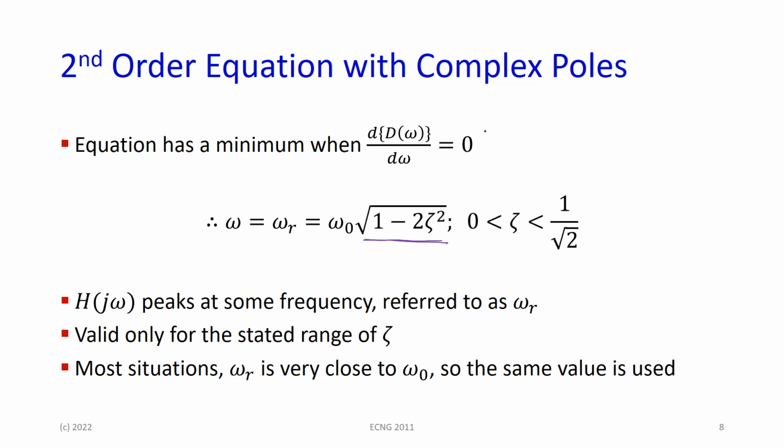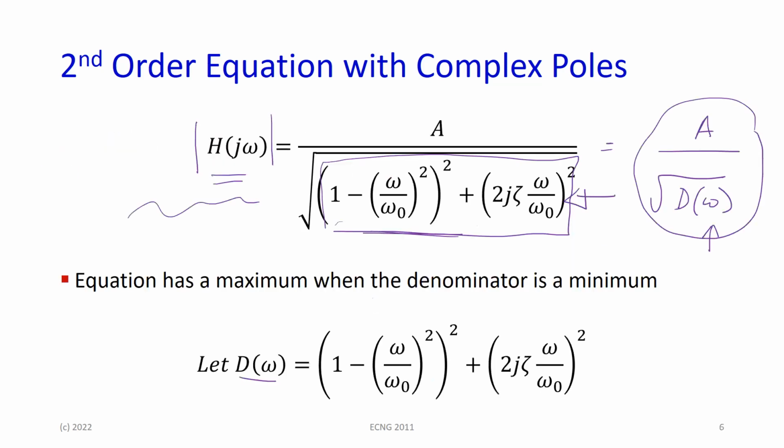Notice again, when you solve here, that value of omega is going to make this 0, which means that D of omega is a minimum. And if D of omega is a minimum, then H of omega is a maximum.